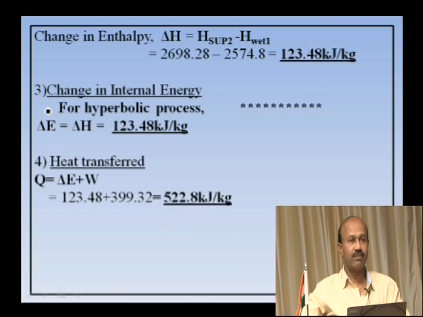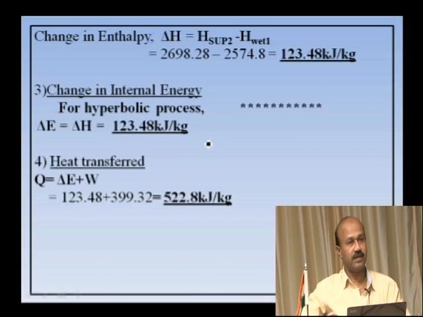Therefore, no need of substituting here the E wet 1 or E sup 1 formulas, because in hyperbolic, delta E is nothing but delta H. Therefore, I have given a star here, that is important. So, we have the value of delta H, around 123.48, directly you can write here. Therefore, change in energy always in a hyperbolic process is equal to change in enthalpy, that is also 123.48 kilojoules per kg.